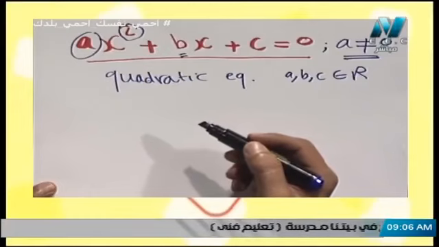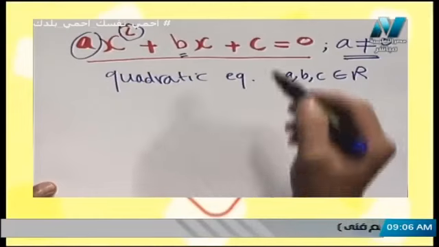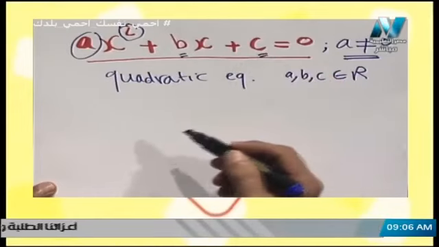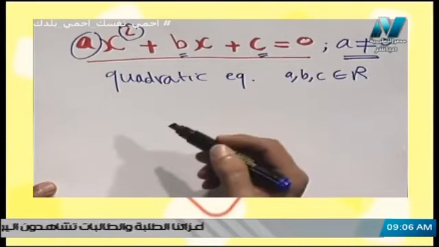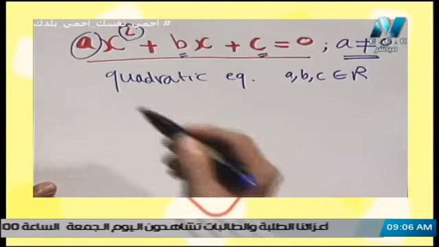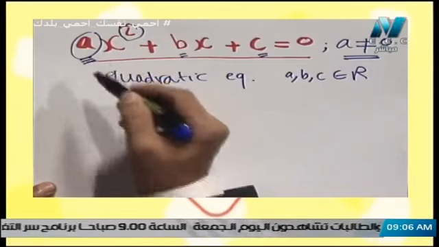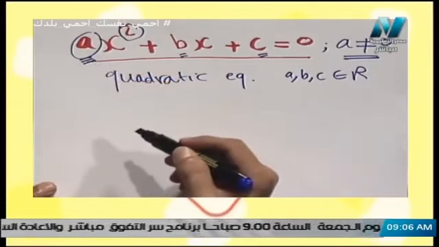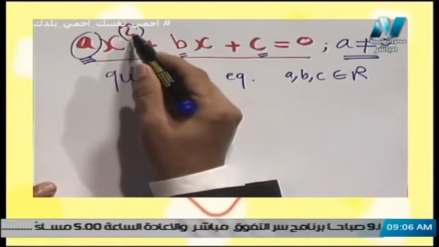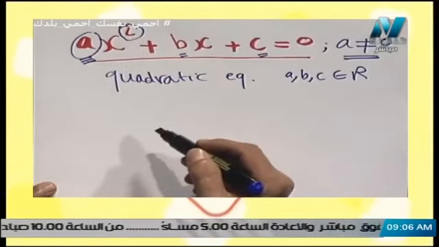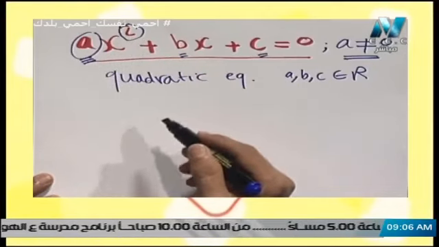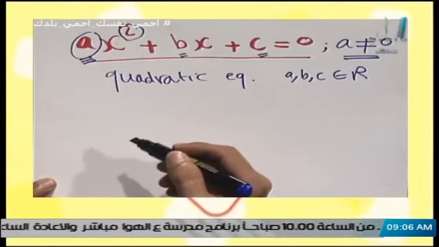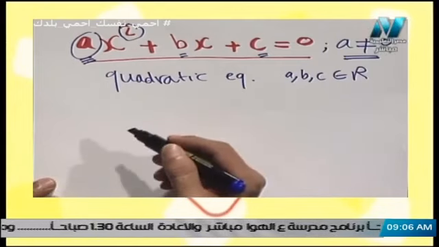Okay, it's not a problem. C can also be 0 or any other real number. But we have a condition here that a doesn't equal 0, to keep power 2, to keep it as a quadratic equation.